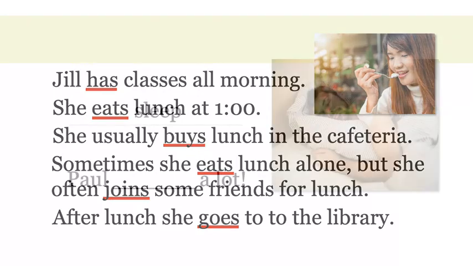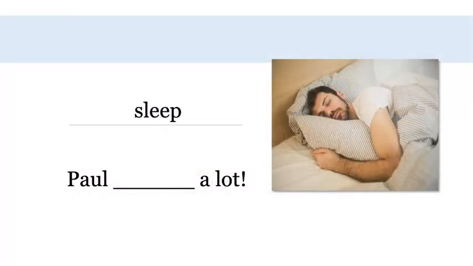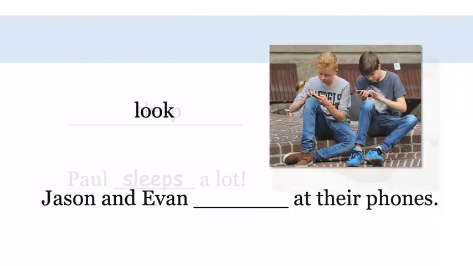Okay, you try. Here is the verb sleep. What form of sleep goes in the blank? Sleeps. Paul sleeps a lot. Here the verb is look. Jason and Evan, that's they.